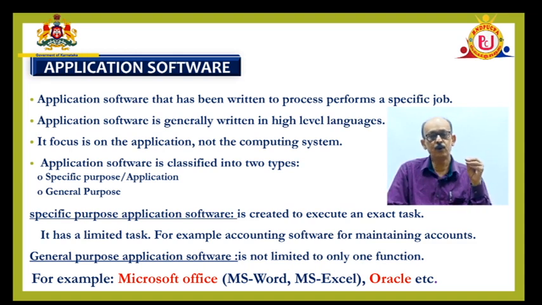Since I have not told you about the different levels of languages, this human readable language is something like a high level language, which is in the form of English language, which can be read by the user, but the computer cannot read that. So, using language translator, that application program or the software can be developed. So it is written in the high level language.